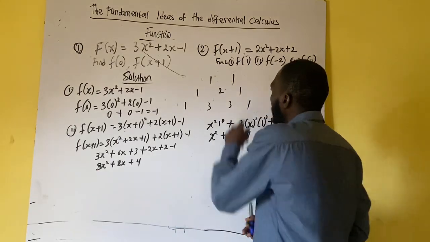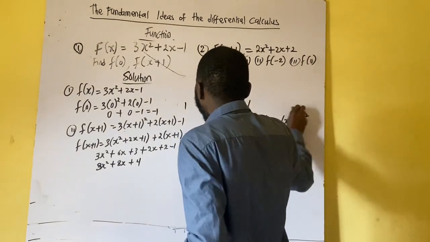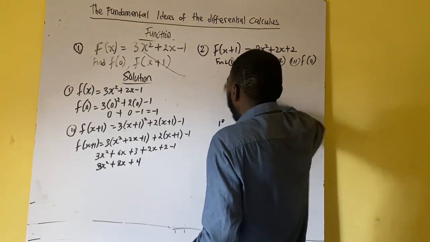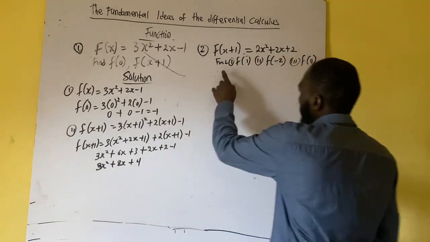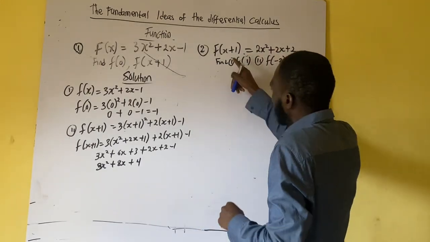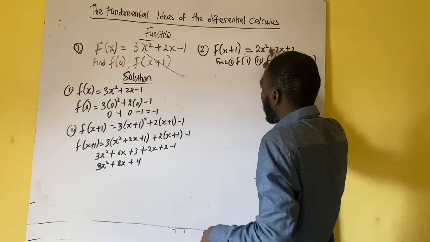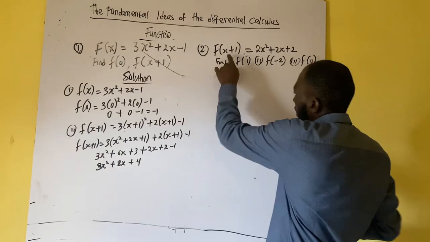Exactly. Now, in the case of this next one, it's a little bit different from the one we did here. The function does not start from x. It starts from x plus 1 equal to this. It's not f of x only, but f of x plus 1.